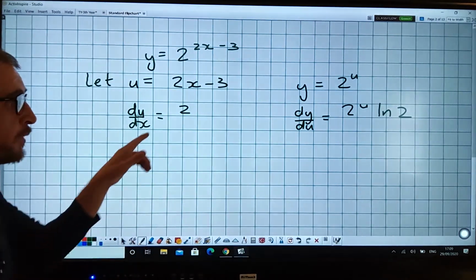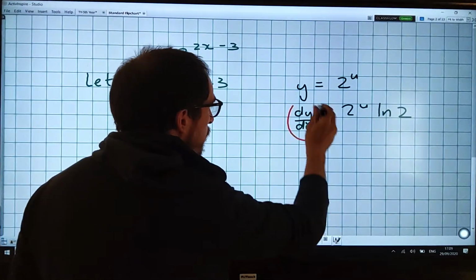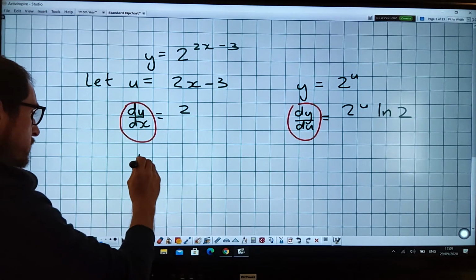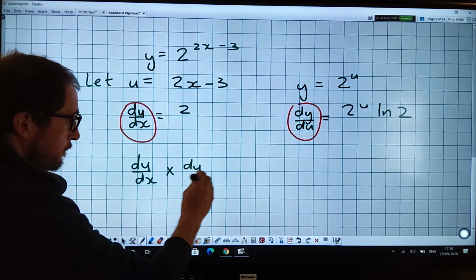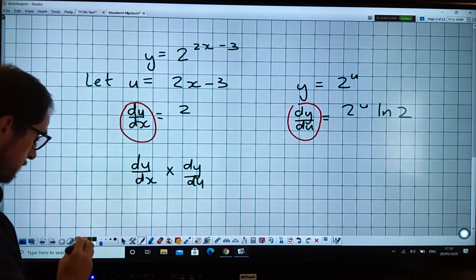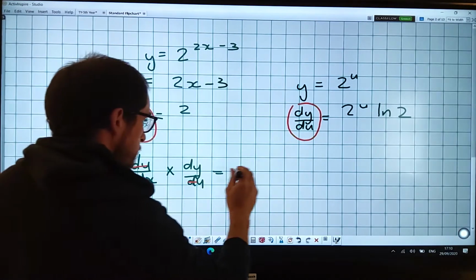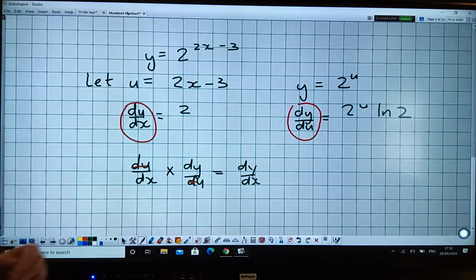Okay, now if you notice here, I now have du/dx, and I now have dy/du. If I multiply the two of them, du/dx times dy/du, they cancel, so I'm left with dy/dx, which is the derivative of that.